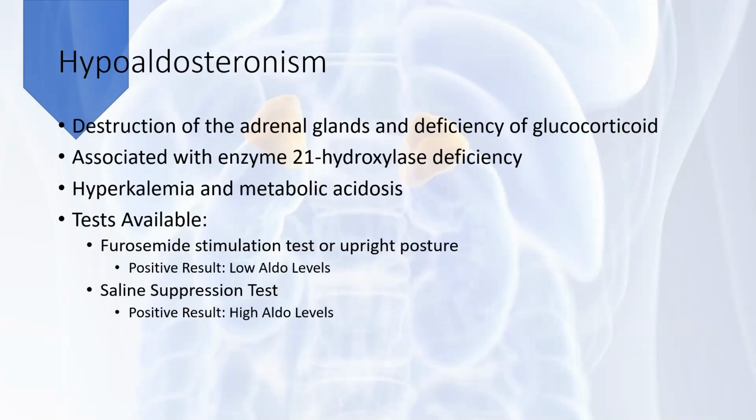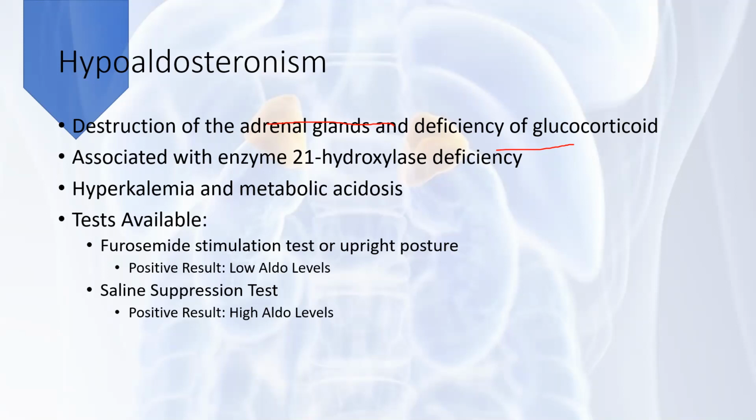Hypoaldosteronism is a condition wherein there is a destruction of the adrenal glands and deficiency of glucocorticoid. Okay? Now, this is associated with the deficiency of the enzyme 21-hydroxylase, which is an enzyme responsible for the production of our mineralocorticoid.